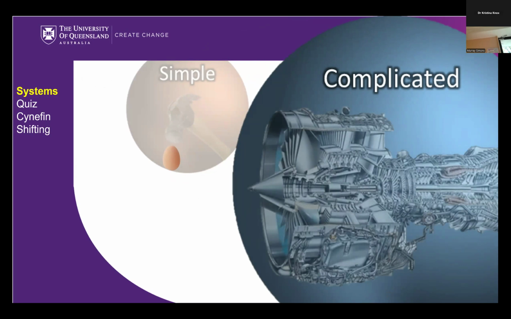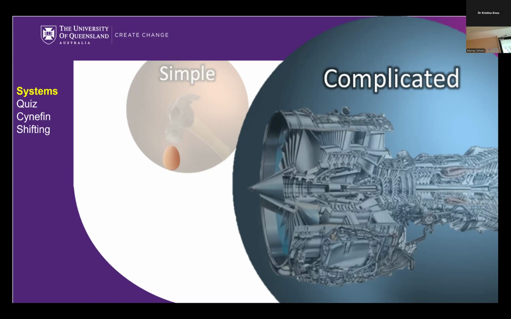All right, complicated, on the other hand, has more component parts. So simple has two parts, and their relationship is known and predictable. The more parts we add, the more complicated it becomes. What's the difference between complicated and complex? Who uses the words interchangeably? Who thinks they're kind of the same thing?